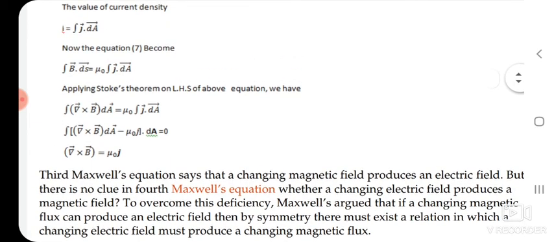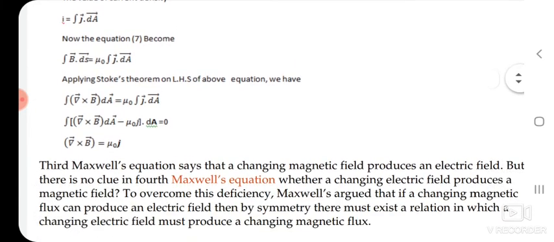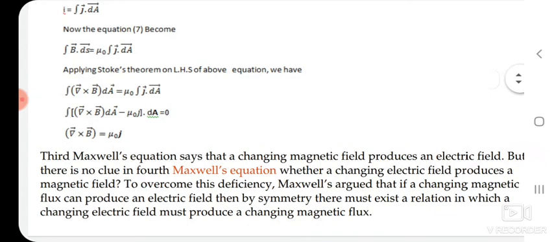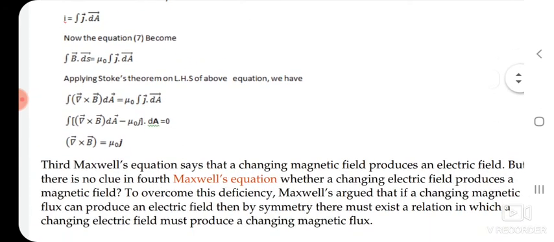That's why there is a correction in Maxwell's fourth equation that we will discuss in the coming lecture.